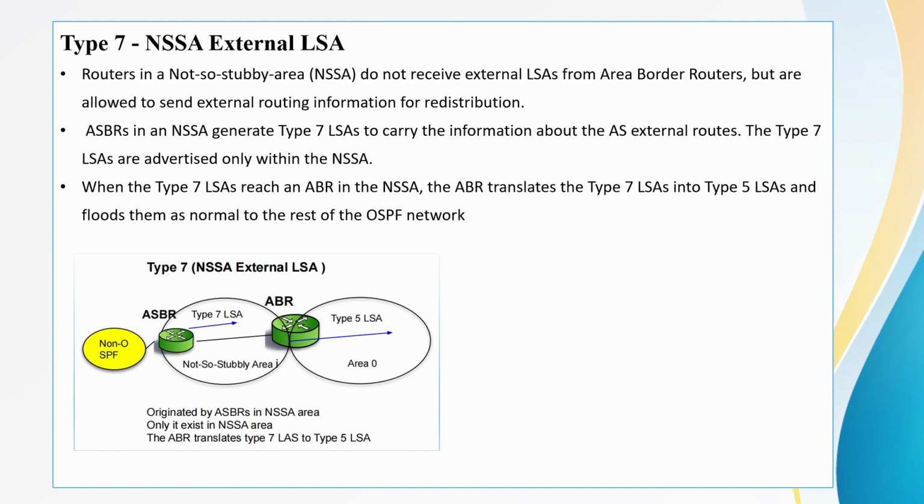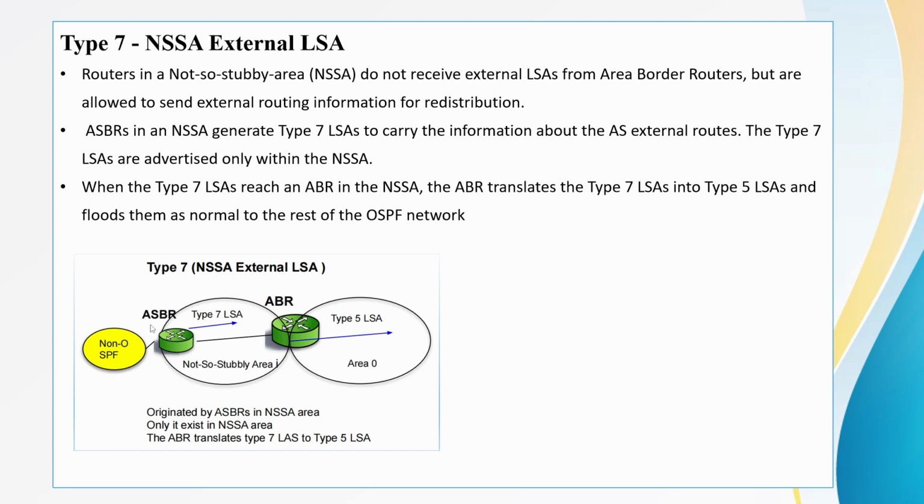The type 7 LSAs are advertised only within the not-so-stubby area. When the type 7 LSA reaches an ABR in the not-so-stubby area, the ABR translates the type 7 LSA into type 5 and floods them as normal to the rest of the network.